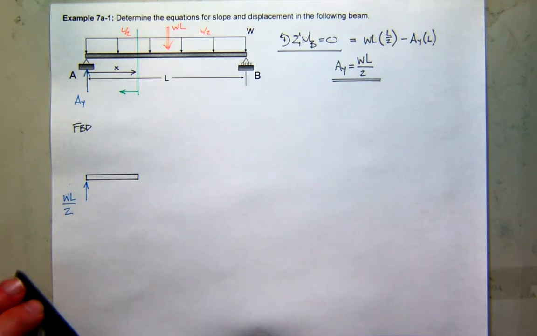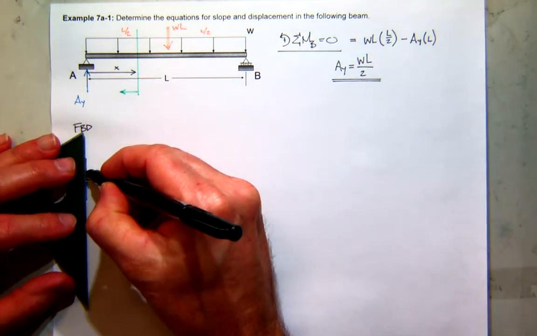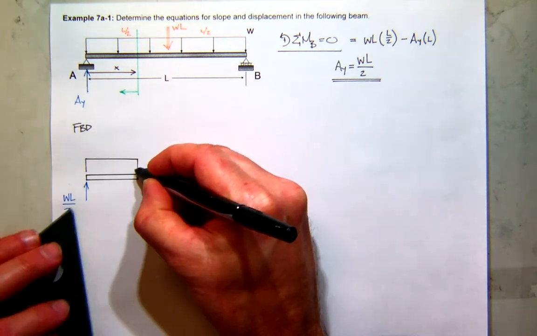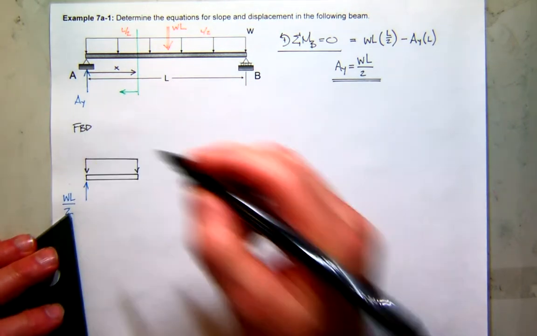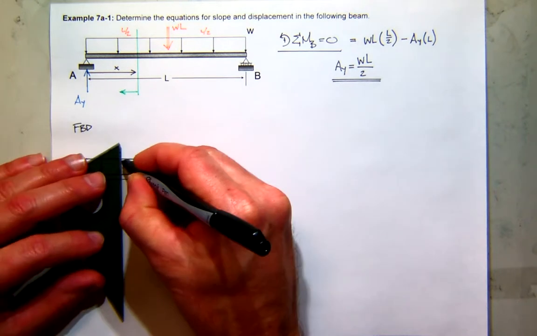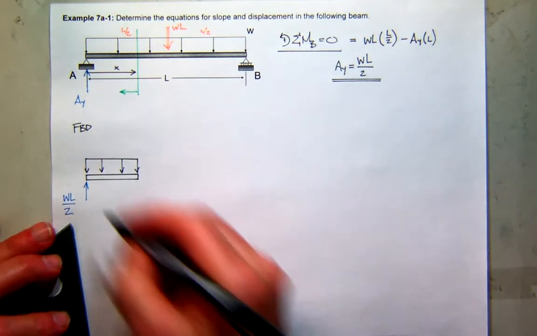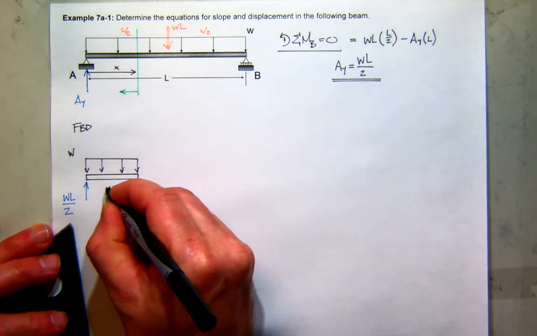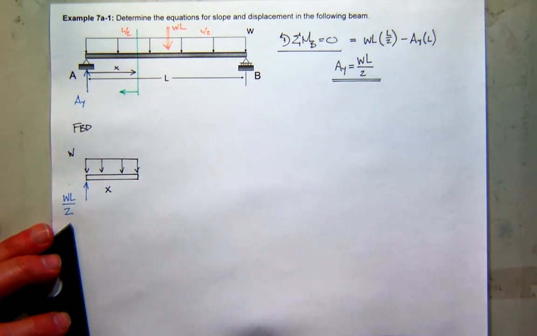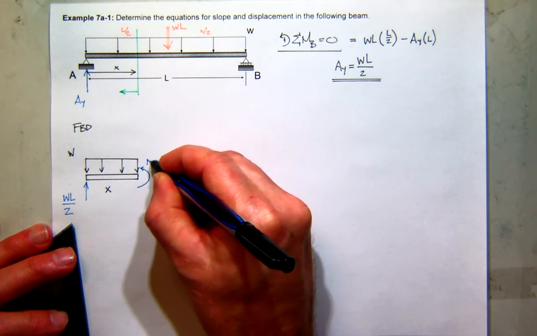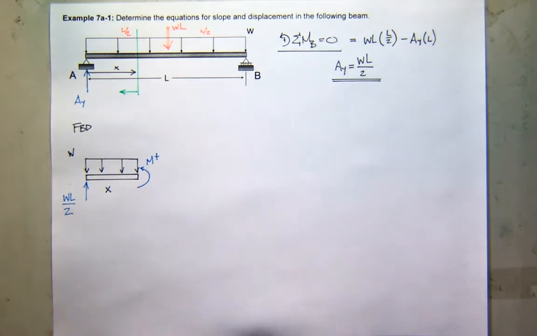Right? And then we have this portion of the load that had an intensity of W. This has a length of x. And then all we're really concerned about right now is the moment. So I'll draw my positive bending moment there at the cut.